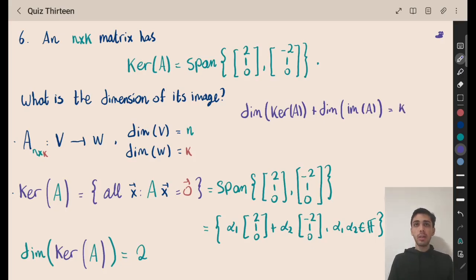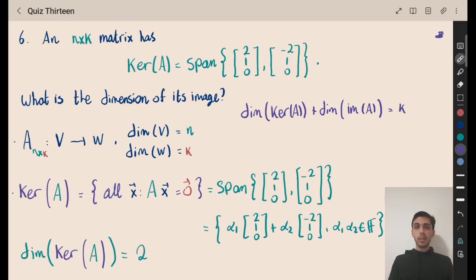Why is this the case? Let's go back to the example where we have a 10-dimensional vector space, and we have two dimensions which get sent to the 0 vector, then clearly the other 8 dimensions get sent through the image of the map. The image of the map is all the possible values it can attain when you plug in all the possible inputs.